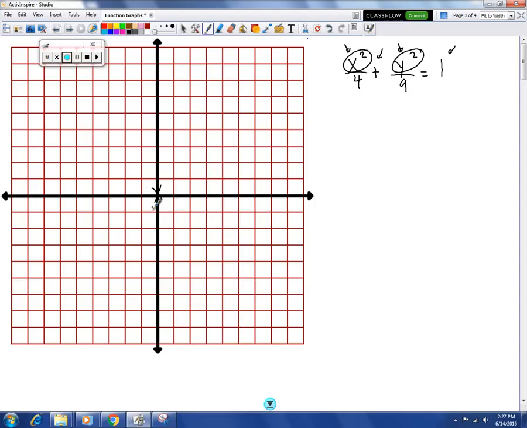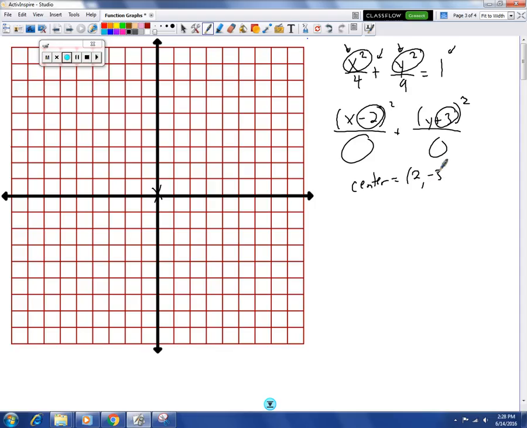Now, if it said something like this, which I'll do in a second, x minus 2 squared over some number, and y plus 3 squared over some number, then the center would equal the opposite of a negative 2, which is a positive 2, and the opposite of positive 3, which is a negative 3.